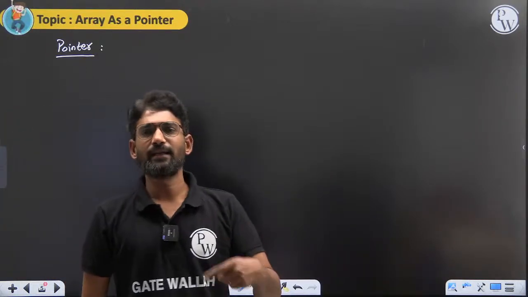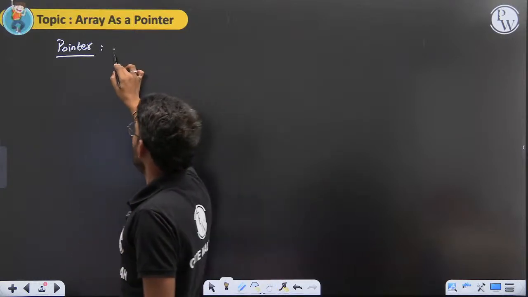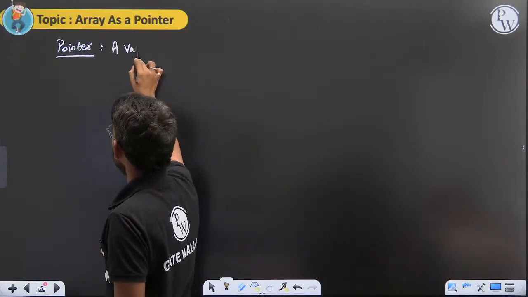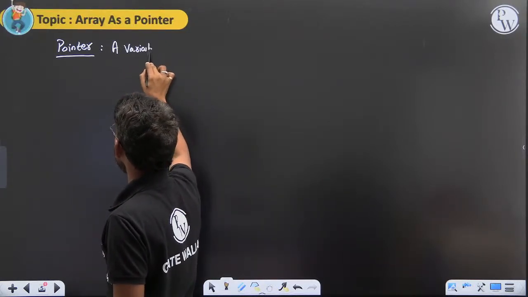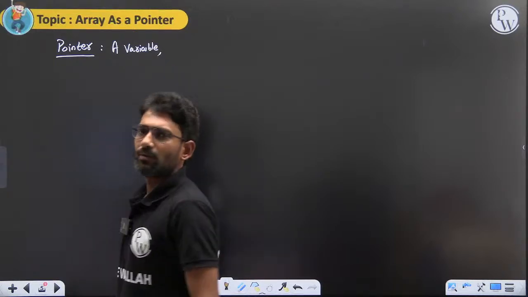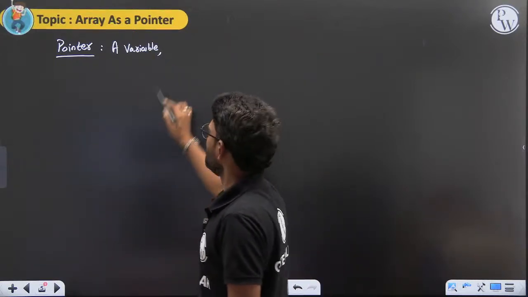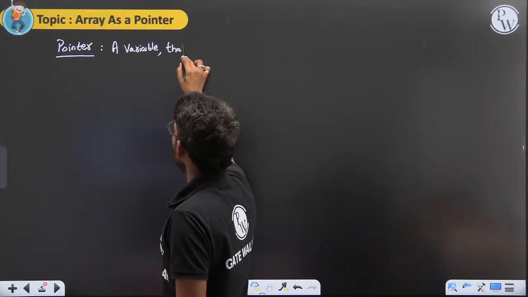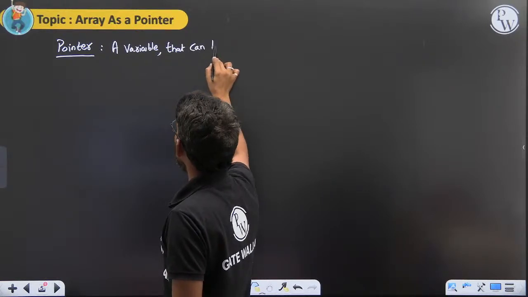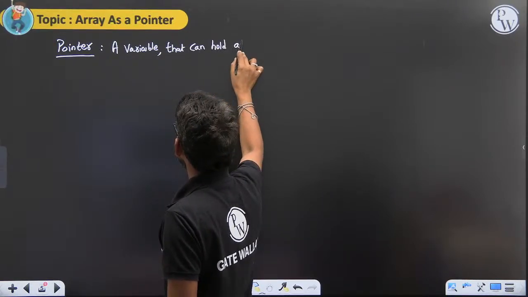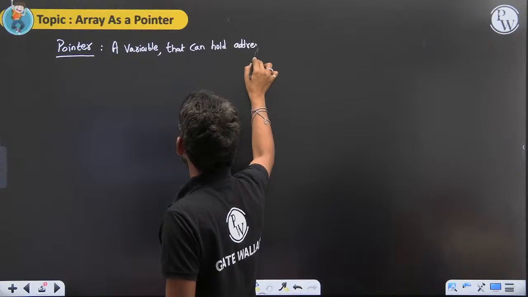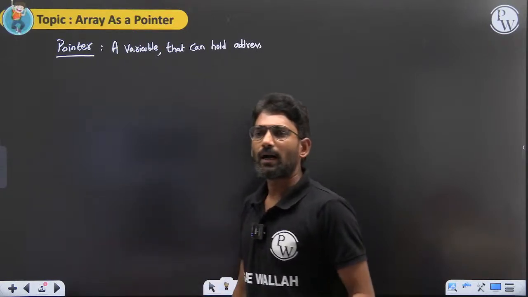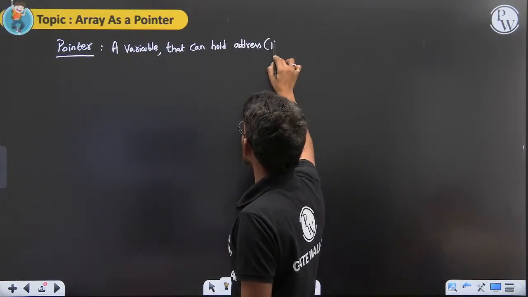Now, if we go for the pointer, how do you define a pointer? It is again a variable. Like array is a variable, pointer is also a variable. What can this variable hold? The variable can hold an address. Address is nothing but reference.